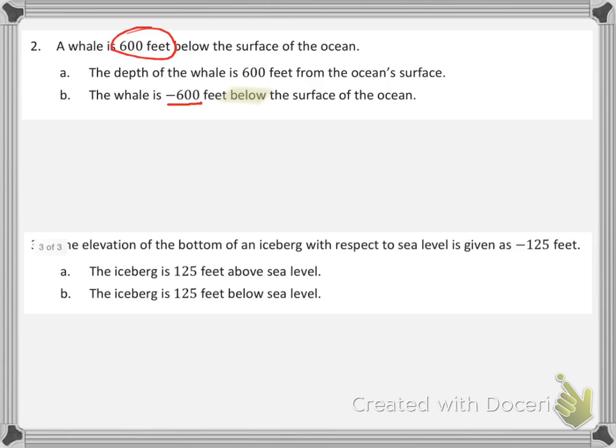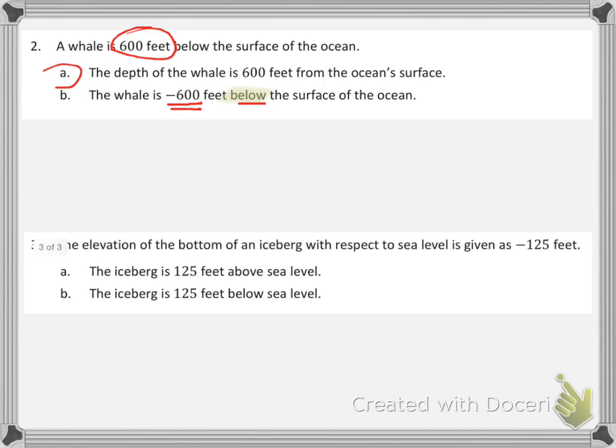So B is no good because we've got a negative in the number, and then our word also means negative, a double negative. So A is correct. The depth of the whale is 600 feet from the ocean's surface, and that means it's minus 600.